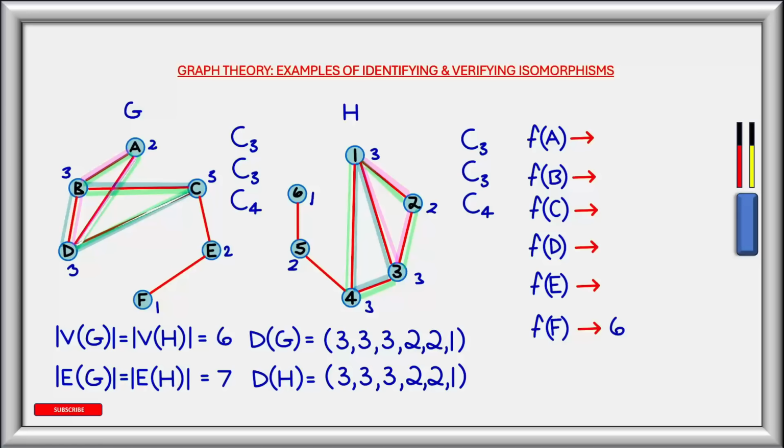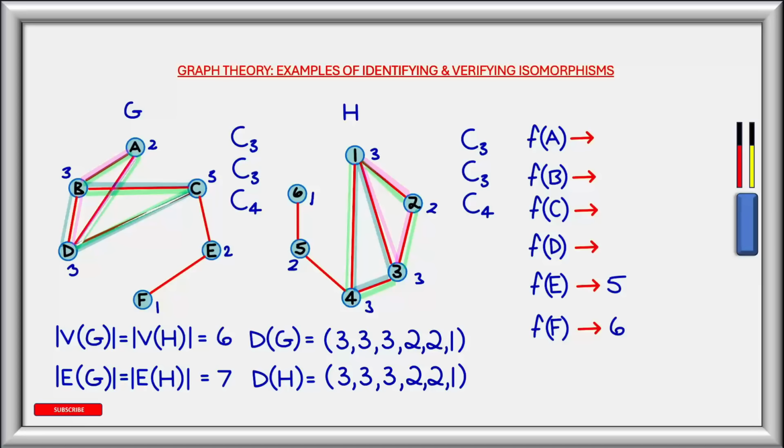And so we can map vertex F to vertex 6. And we can see in graph G that vertex F connects to vertex E, which is a degree 2 vertex. And in graph H, vertex 6 connects to vertex 5, which is also a degree 2 vertex. And therefore, vertex E maps to vertex 5.